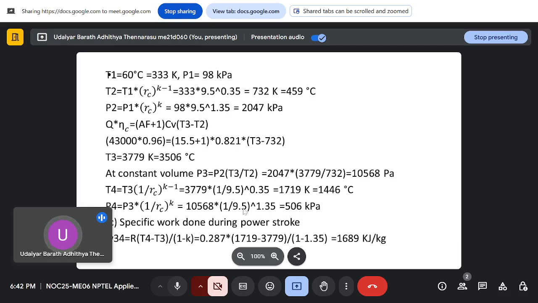So first is T1, which is 60 degrees Celsius. Converting into Kelvin, we get 333 Kelvin. The inlet pressure is 98 kilopascal. Since the compression process is isentropic, we'll use an adiabatic expression. So T2 equals T1 times the volume ratio raised to power gamma minus 1.